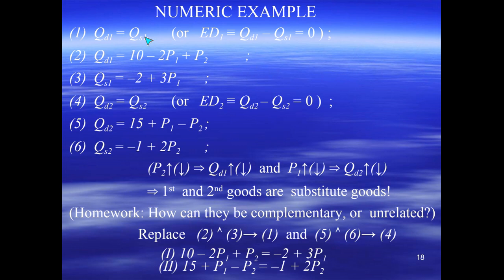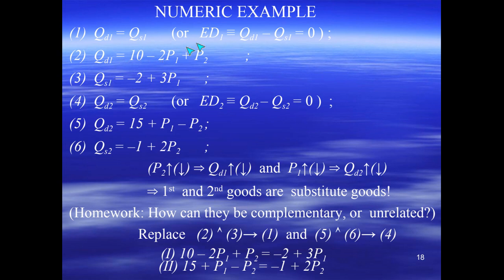So the first equation is the equilibrium condition, QD1 equals QS1, or in excess demand form, excess demand 1 equals QD1 minus QS1 equals 0. You can use either this form or this form. They are equivalent.